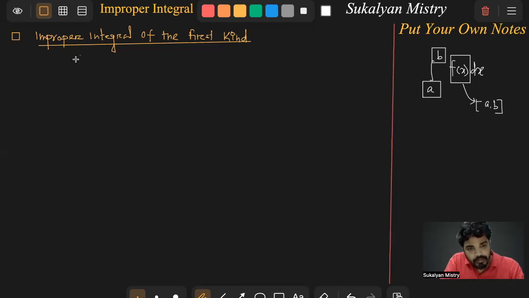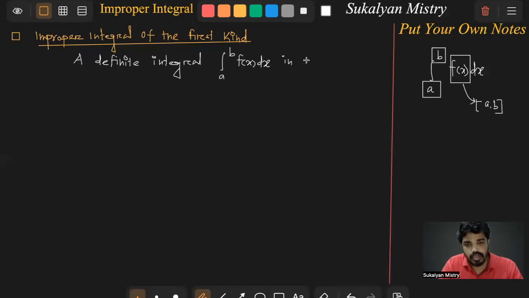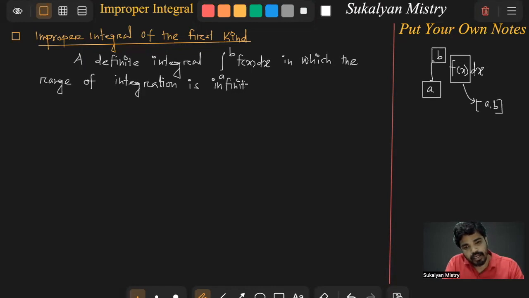A definite integral, integration a to b f(x) dx, in which the range of integration is infinite.